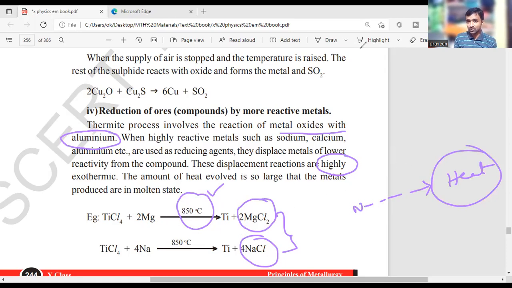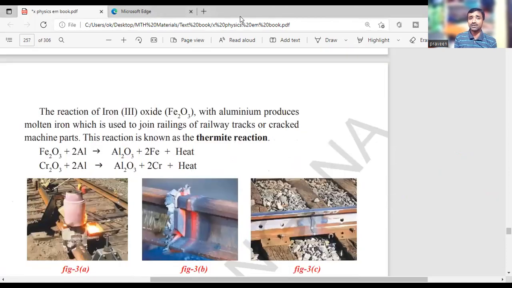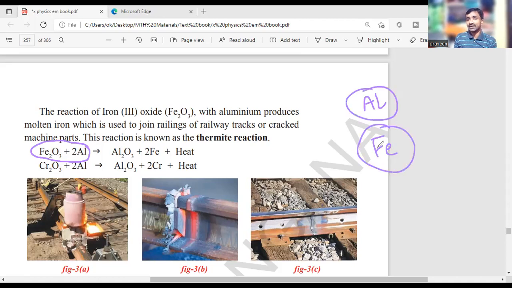After this, you are observing one more reaction here. Look at that. That is the thermite process. So what is the thermite process? Metal reacting with aluminum. That reaction takes place between iron oxide and aluminum. In the reactivity series, aluminum is at the top and iron at the bottom, so aluminum is highly reactive compared with iron.